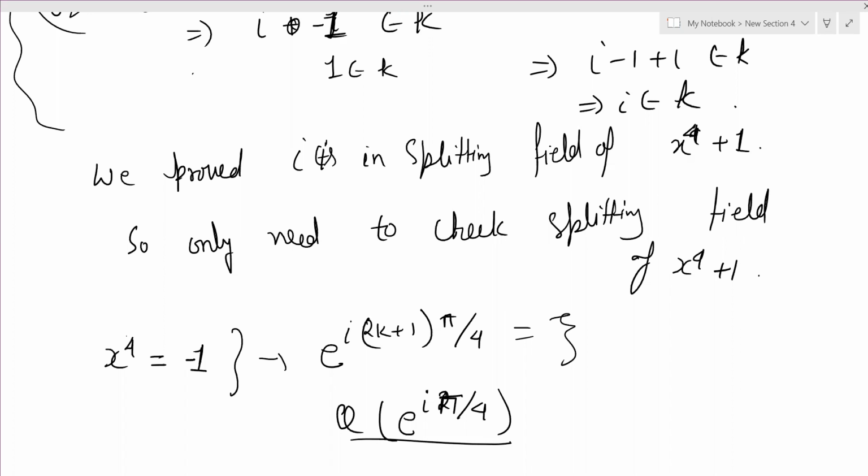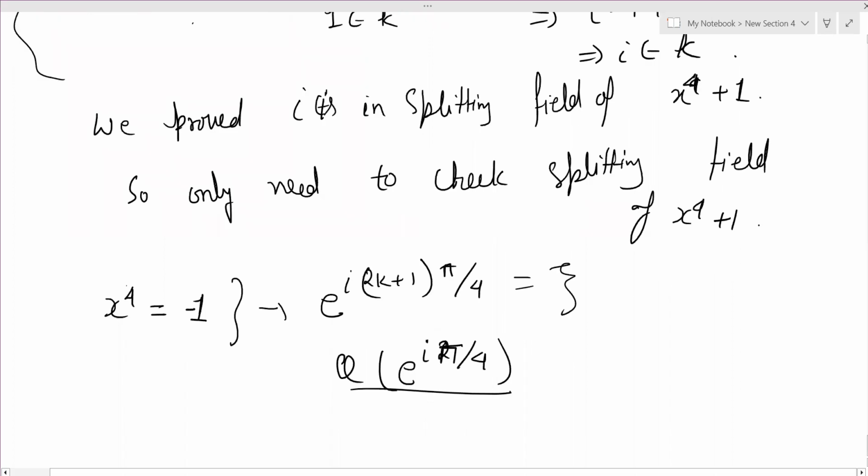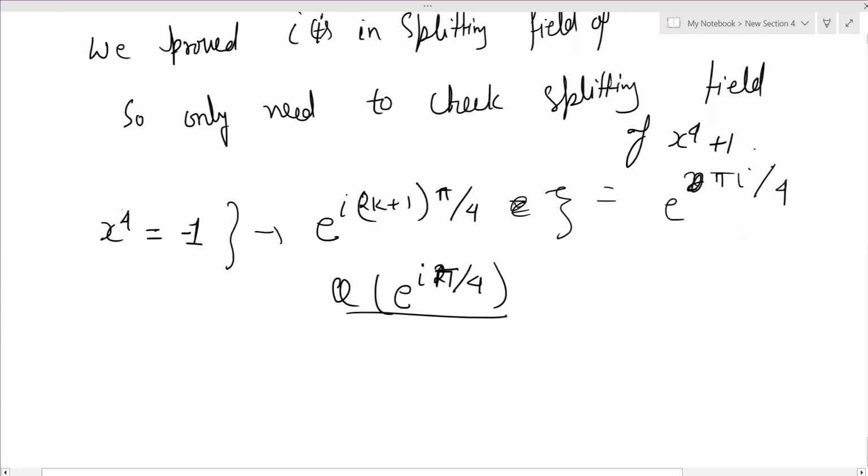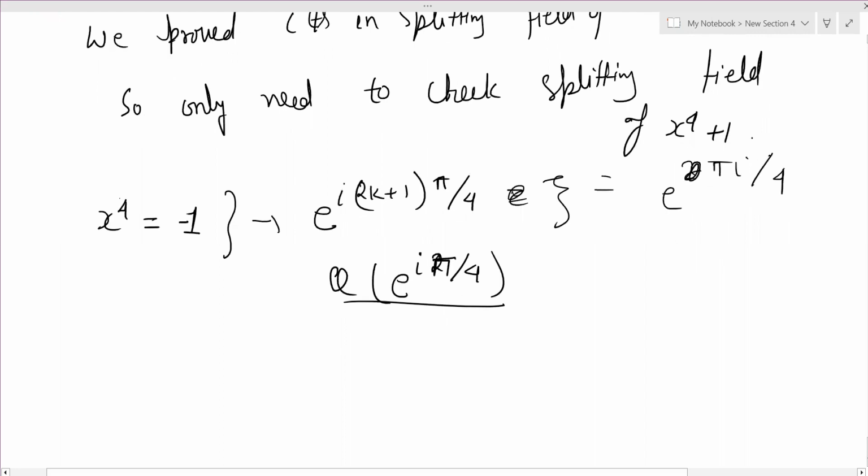So zeta is equal to e to the power ιπ by 4. Other roots are just its powers, zeta square and so on. So you can see that this field is the splitting field.